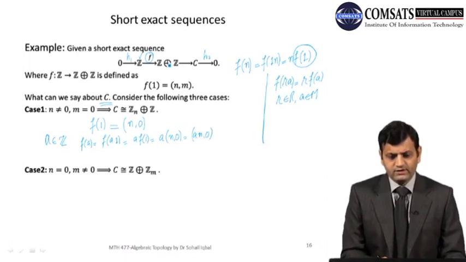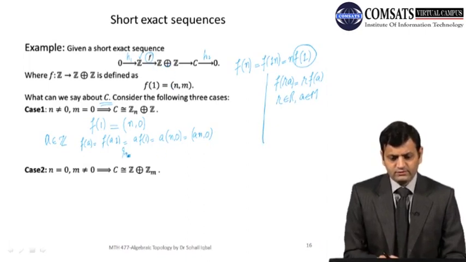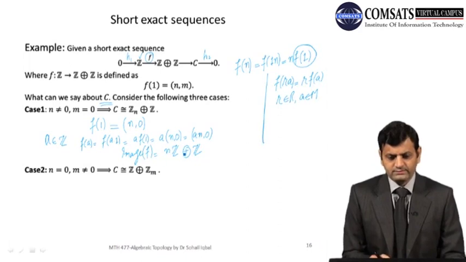So in other words, the image of f is equal to nZ direct sum 0. We multiply integers with n, direct sum with 0. So this is the image of f.